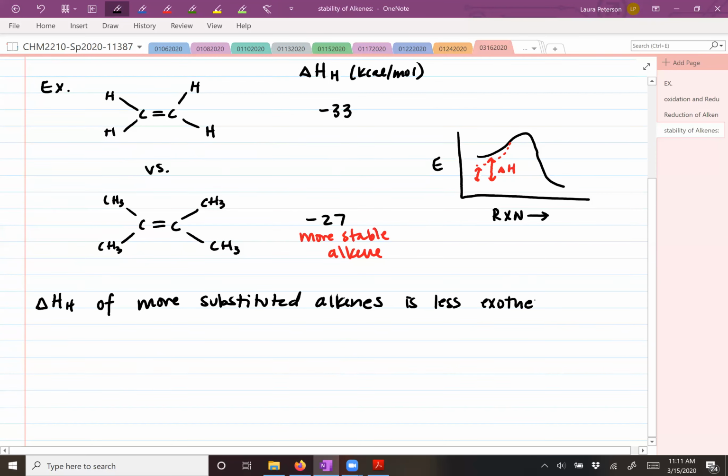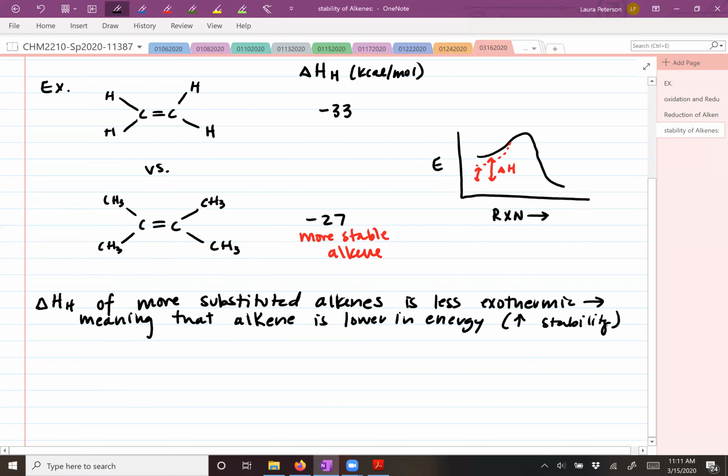Okay, so smaller delta H sub H in terms of absolute value. And what that means is that the alkene, which is our starting material, is lower in energy. And lower in energy means higher in stability.